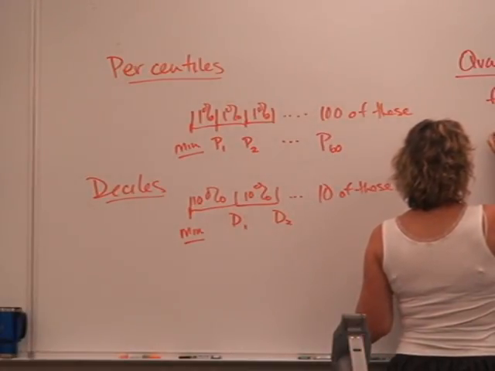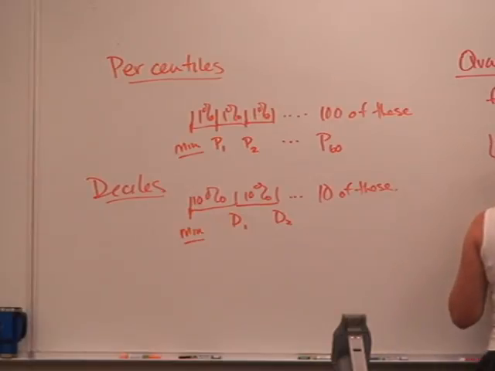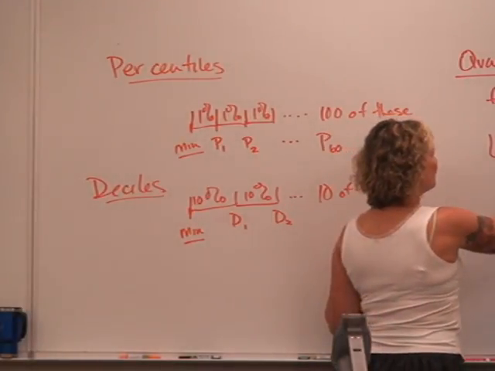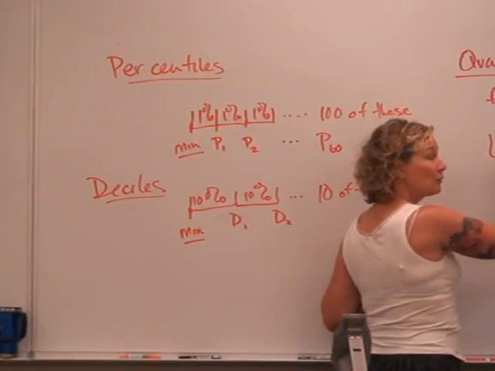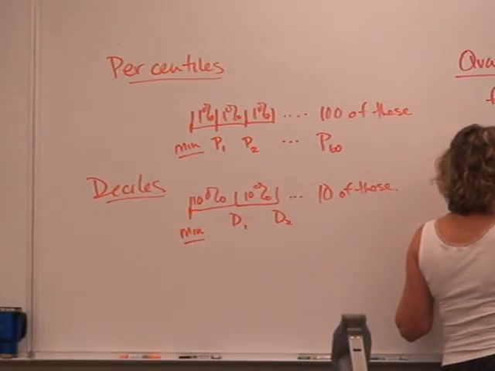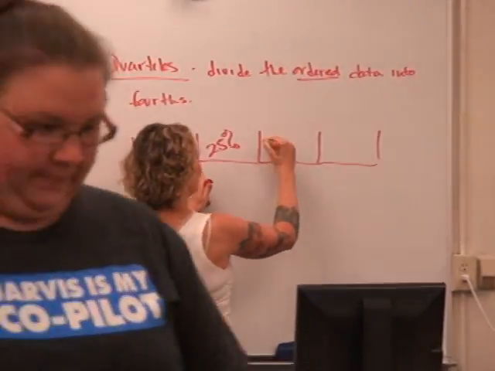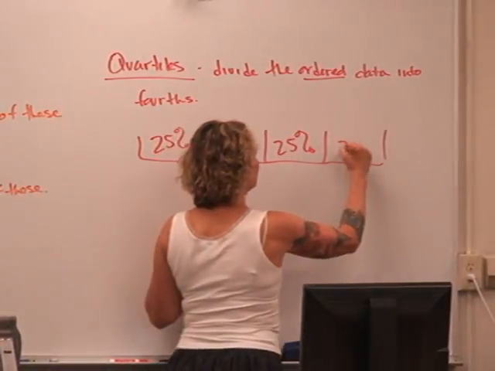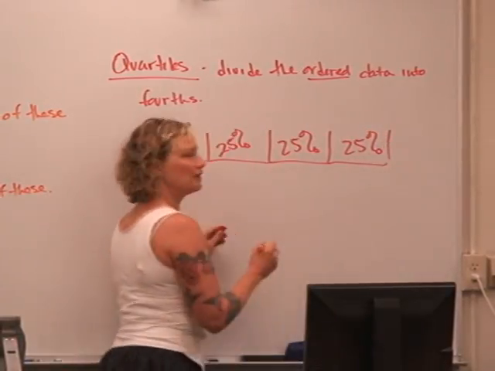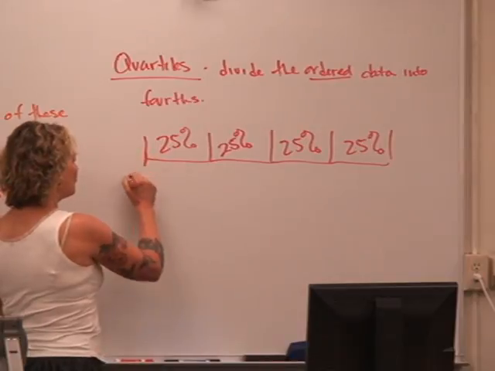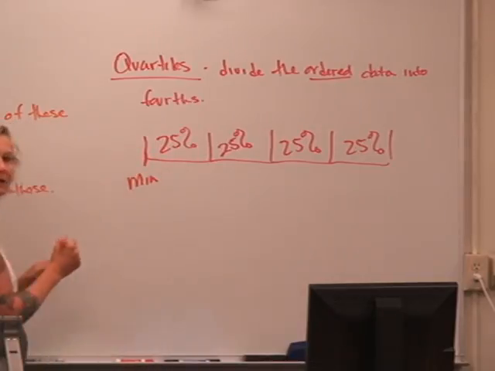So you've got 4 little compartments. The smallest 25% goes in the first compartment. The next largest 25%, and so on and so forth. And the largest 25% of the data goes in that last compartment. So here's your smallest, we call it the minimum, or the min, generally, is the lingo.